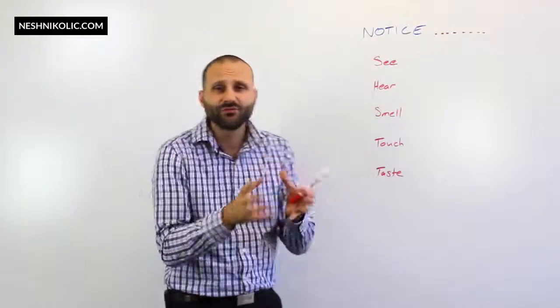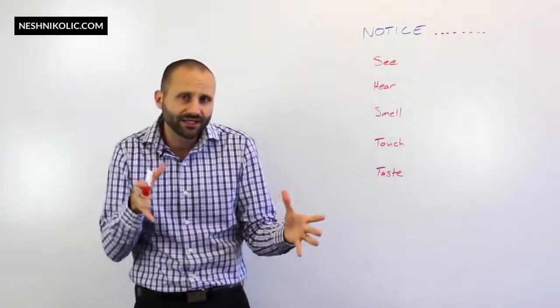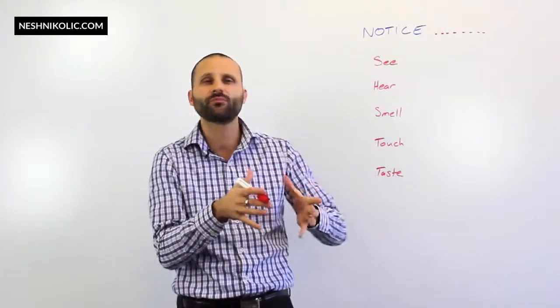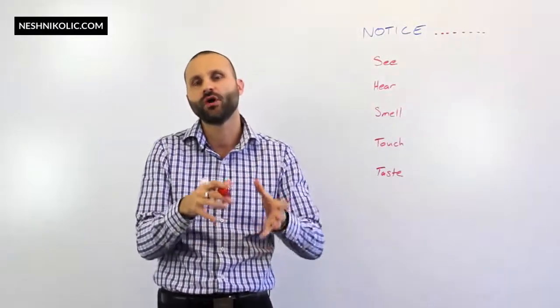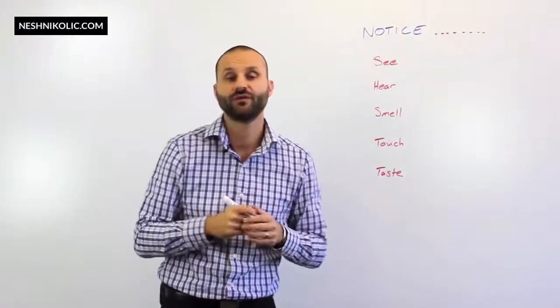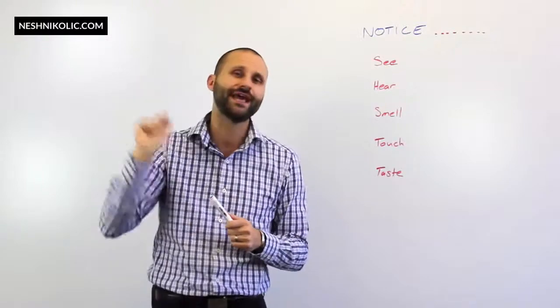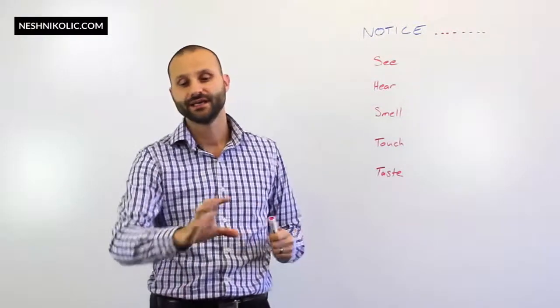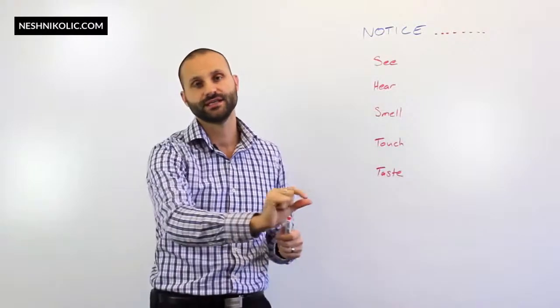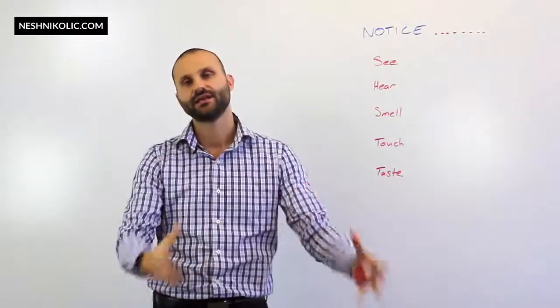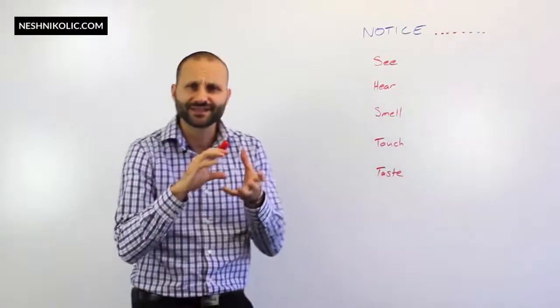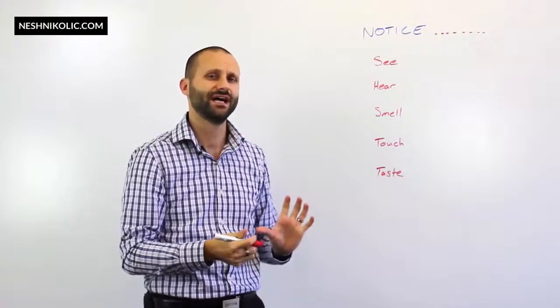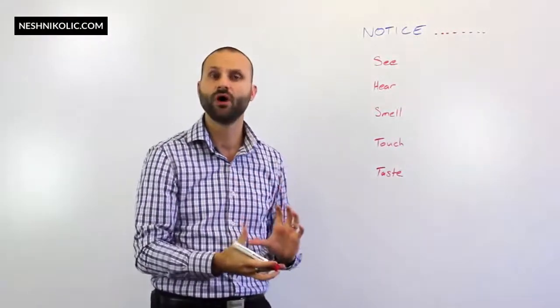I would extend that a little bit more and get them to be a little bit more focused and say, well, what part of the whiteboard or what part of the table? And they might say, well, there's actually a shiny edge on the corner of the whiteboard. Or they might say, there's a wood grain and I can see that there's a darker part in the table. And so they're starting to notice more and more detail. It's really becoming quite mindful.